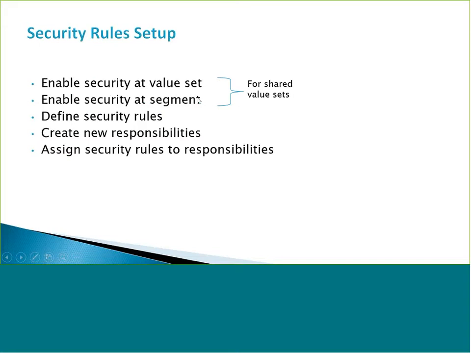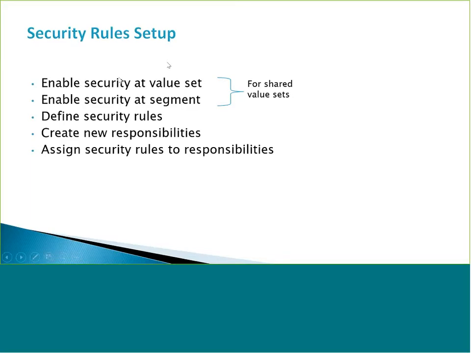The reason why we enable security for both the value set and the segment is that sometimes you have shared value sets. For instance, if in our chart of accounts we have an intercompany segment, then the company segment, which is the balancing segment, and that intercompany segment can share that value set, because the intercompany segment is for when there are intercompany transactions.